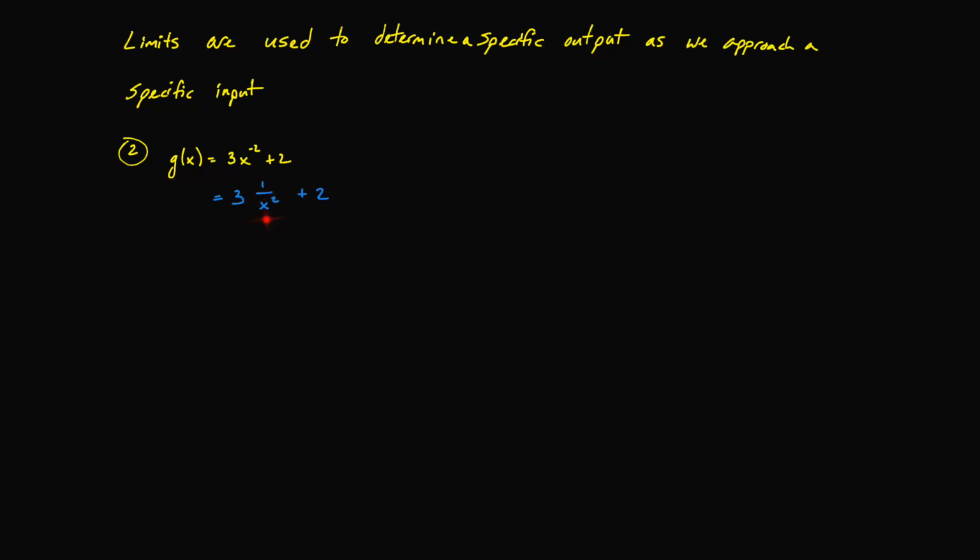And here, this is our parent function. Now we've been dealing with 1 over x, but now we have 1 over x squared. And we have to think about how this parent function looks and how these transformations affect it. I will note that this is a rational function, right? So we want to look at where the domain restriction is going to exist.